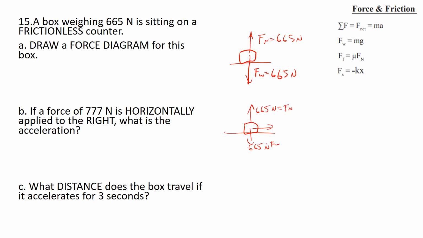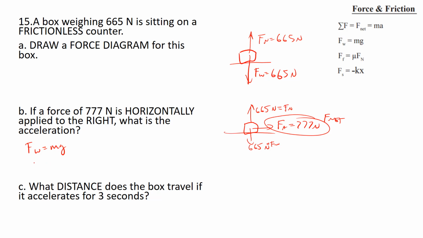But then also you apply a force of 777 newtons. Well, these are going to cancel off, but this one won't. This would end up being your net force. And so now it's going to cause an acceleration. But in order to do that, let's go ahead and figure out what the mass of this object is. So F_w equals mass times gravity.